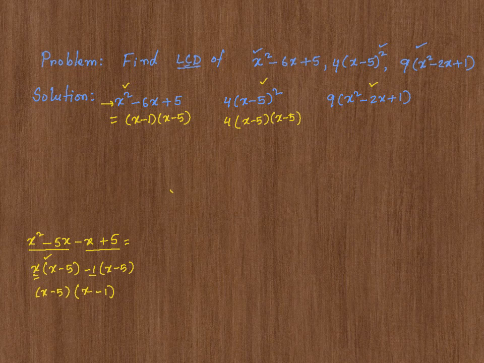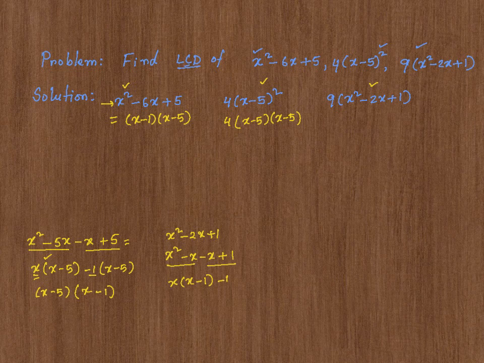And similarly, we could factor this here: x squared minus 2x plus 1. I could factor it as follows: x squared minus x minus x plus 1. If I factor out x between the first two, that's going to give me x minus 1.